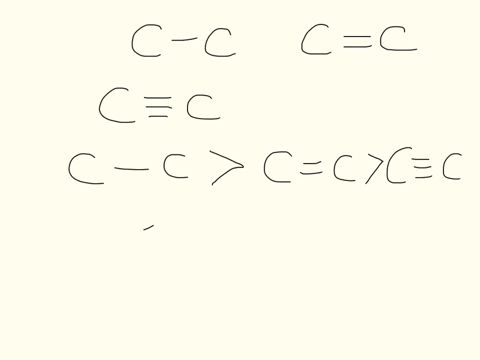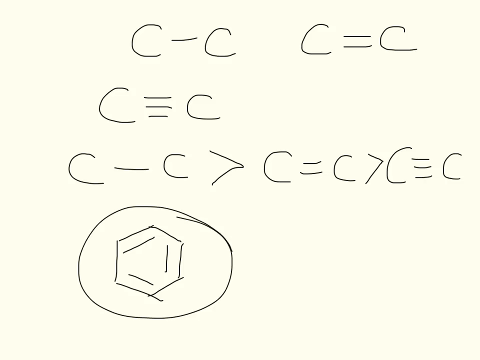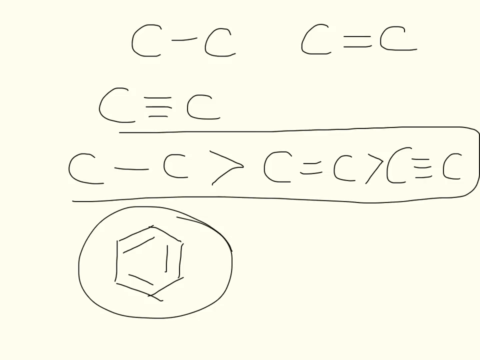These are experimentally proven trends, so if benzene had a structure like this with alternating double bonds, a carbon-carbon single bond would be longer than a carbon-carbon double bond. It is an experimentally proven fact.